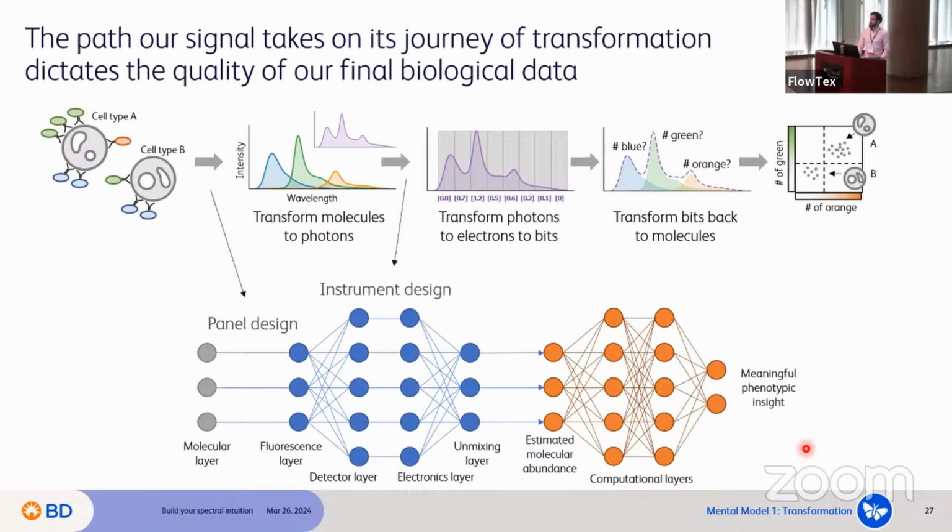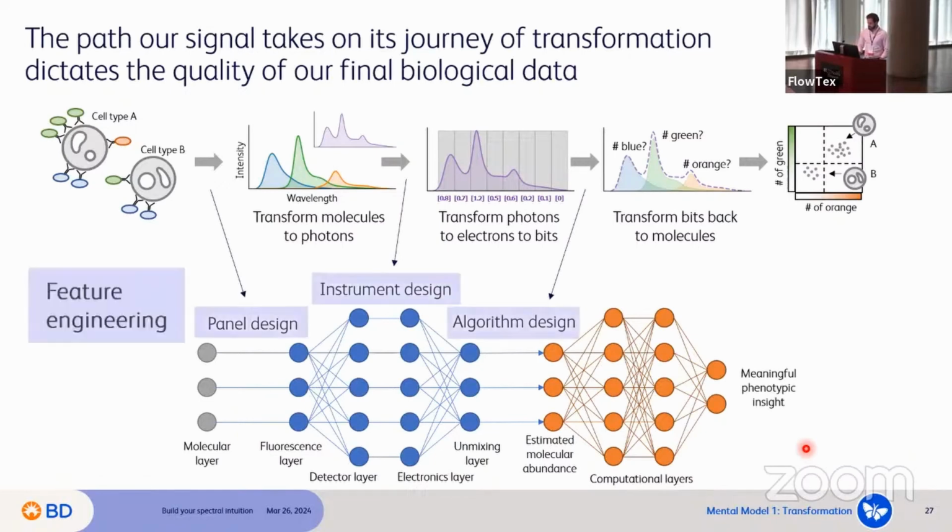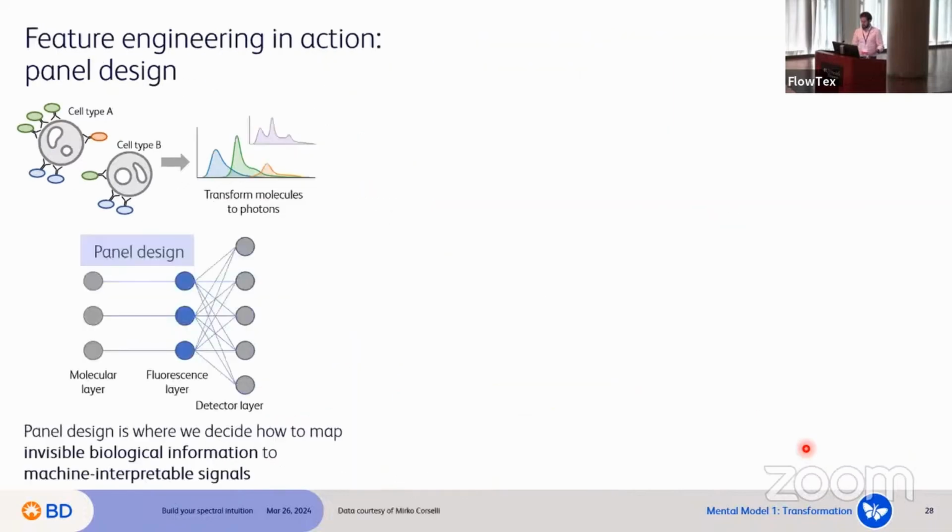And every step in this chain involves design decisions that either you have to make when you're designing a panel, or that someone at a vendor has to make when they're designing an instrument that impacts the final quality of that data. And so just like there's this concept of feature engineering in machine learning, where you're sort of creating features from your raw data that will be useful for something like a classifier, say, we can think of every step in this measurement chain as also feature engineering.